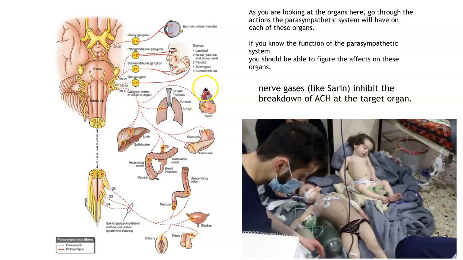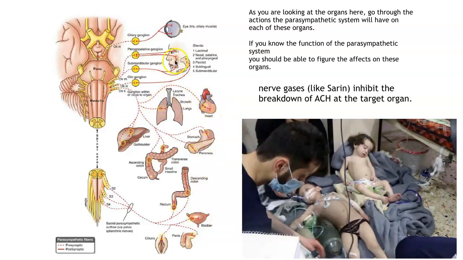Your blood pressure is going to bottom out. Get to the intestines. Massive stimulation of the small and large intestines. You're going to have massive diarrhea. You can get dehydrated just from the amount of diarrhea you have. You'll be peeing all the time too, but that's probably not going to be what's going to kill you.